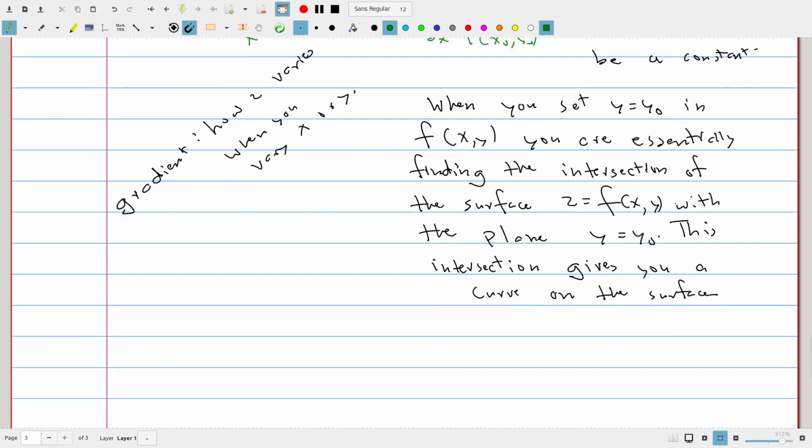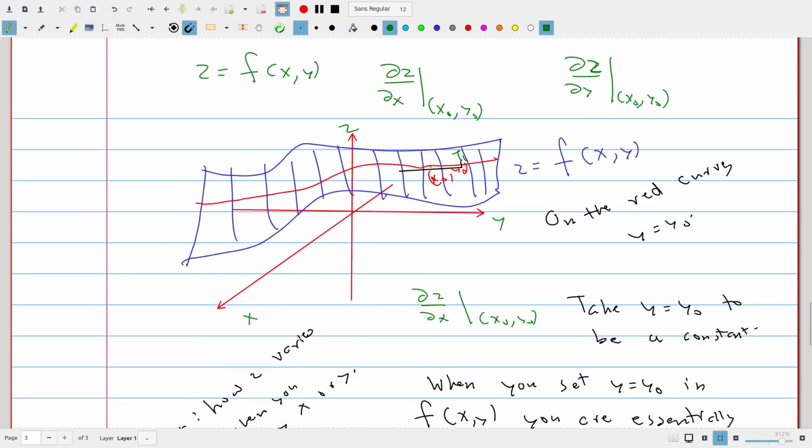Now, when you're evaluating partial z over partial y, you're taking x to be constant and you're varying y.